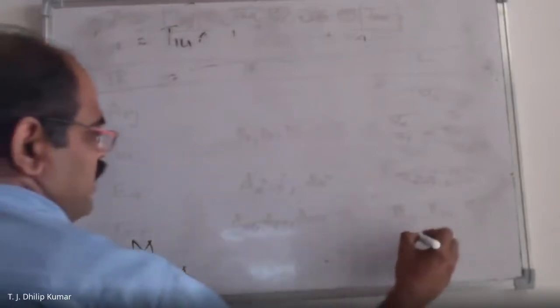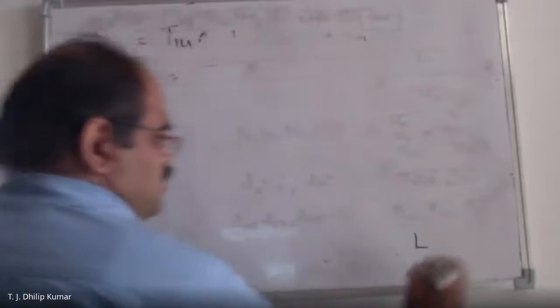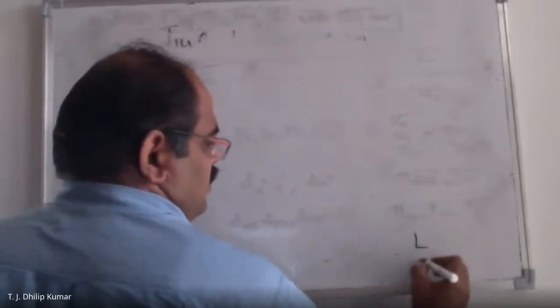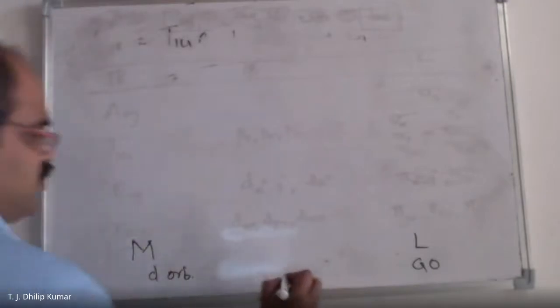Then you have the ligand group orbitals, and then it gives molecular orbitals. These are atomic orbitals, and it gives a molecular orbital. So if you take T2g, and just above is Eg.